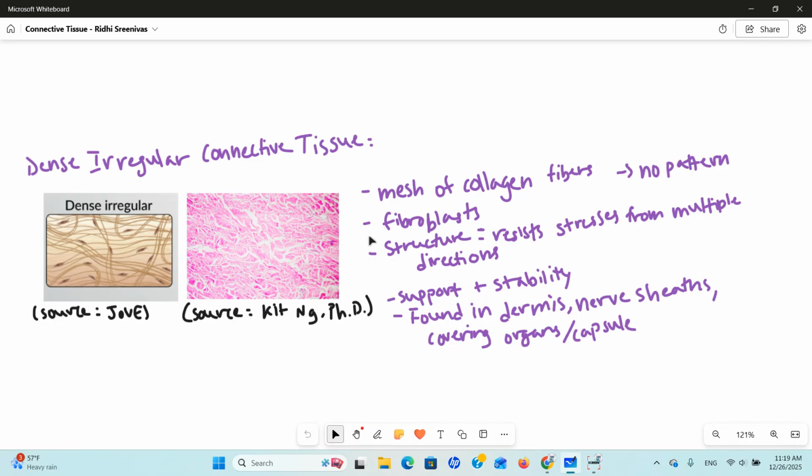Due to this random structure, the tissue can resist stresses from multiple directions, not just one, because of the random arrangement of fibers in many different directions. Basically, it provides support and stability and is found in areas that are likely to face stresses from many different directions, like the dermis, nerve sheaths, and covering organs in general as well.